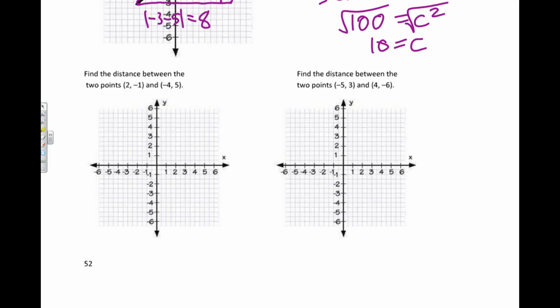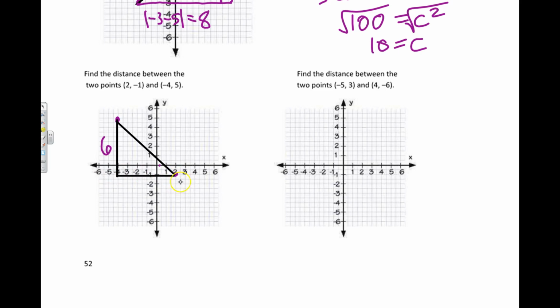Let's do one more together, and then I'll let you guys do one on your own. So here, if I've got the point 2, -1, right there, and the point -4, 5, going straight up to right here, I'm going to connect my two dots, and then I'm going to look at the right triangle that forms when I pull them all together, okay? So the length of my vertical side here goes between 5 and -1, so he ends up being a length of 6.